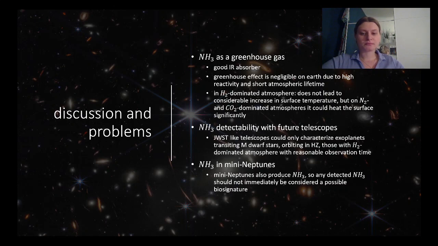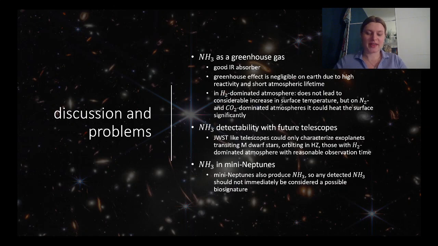Because the James Webb Space Telescope, or telescopes like it, can only characterize exoplanets transiting M-dwarf stars and orbiting in a habitable zone, and those with H2-dominated atmospheres, within a reasonable observation time. So we need more and better suited telescopes for the hunt for ammonia.